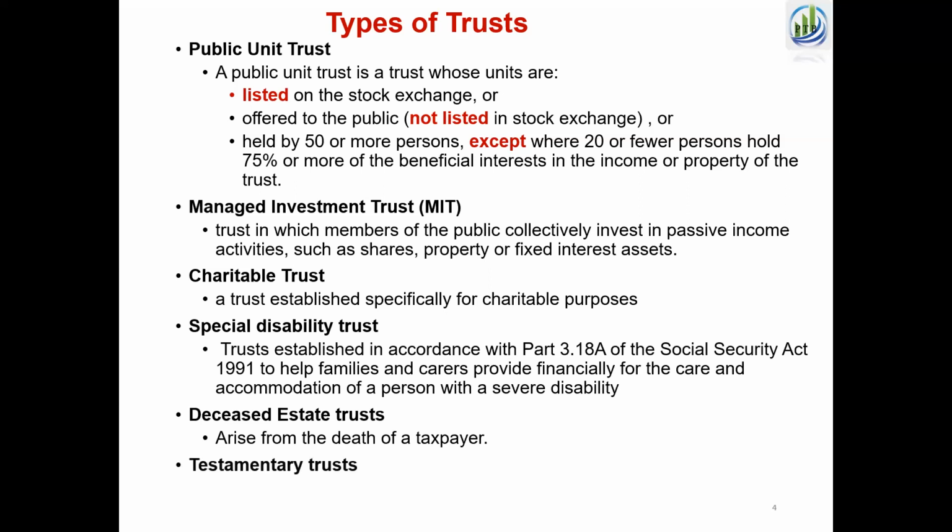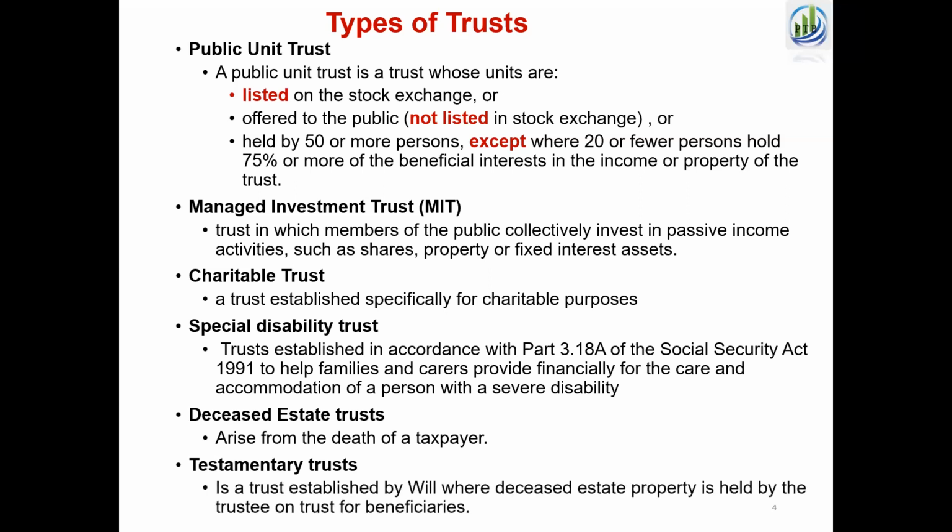The other one is the testamentary trust. Whenever we have a will, we can include who is the trustee to manage all of the assets and obligations of the person who is writing the will. That's called a testamentary trust.